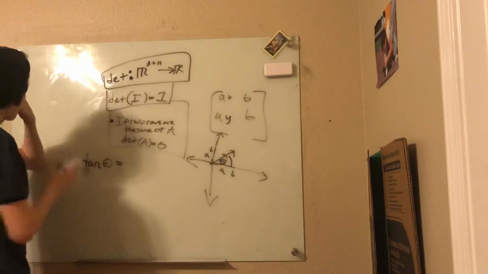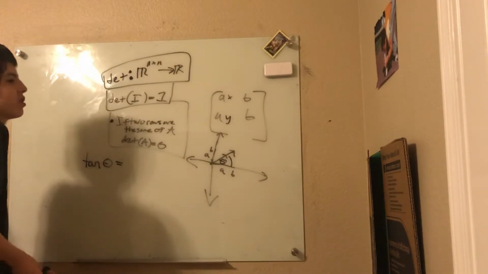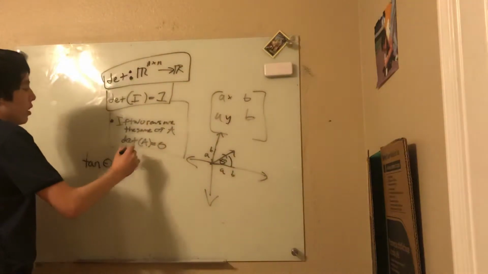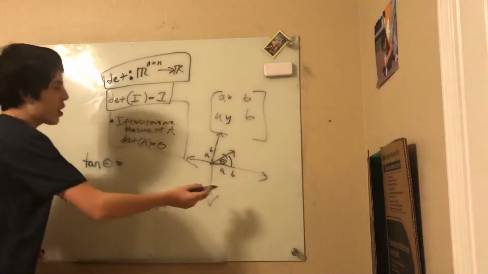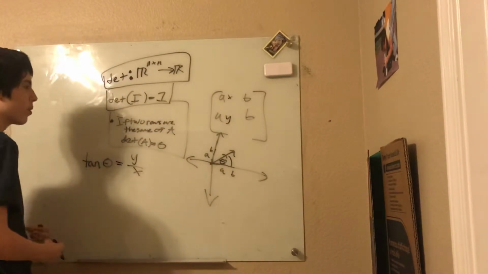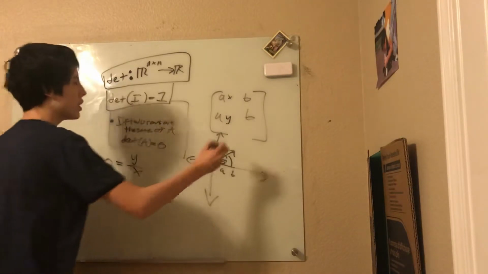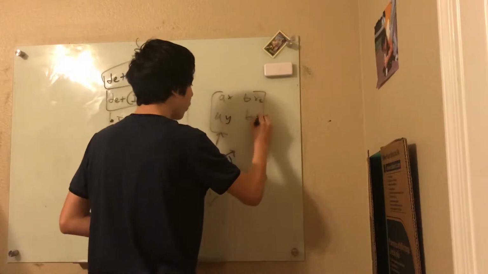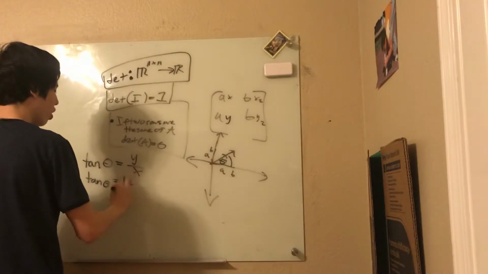So notice how the tangent of the angle the vector makes is going to be y over x, right? And we'll call this x2 and y2. So tangent of theta is going to be y2 over x2.